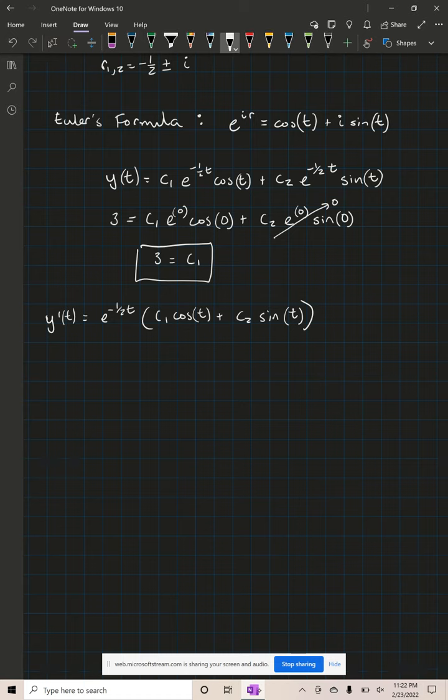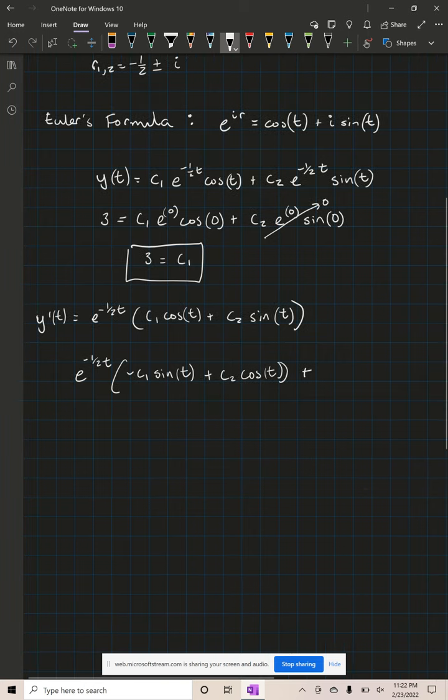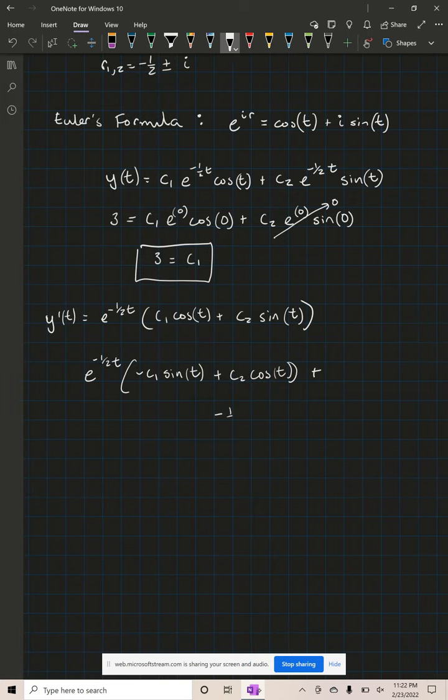So the product rule just says that we'll take the first function times the derivative of the second, and so in this case, that is going to be negative c1 sine of t plus c2 cosine of t, and then this is plus the derivative of the first times the second, and so in this case it'll just be negative 1/2 e to the negative 1/2 t times c1 cosine t plus c2 sine of t.